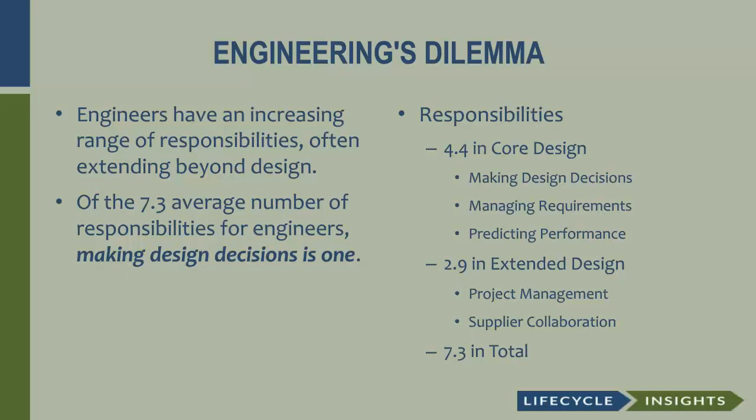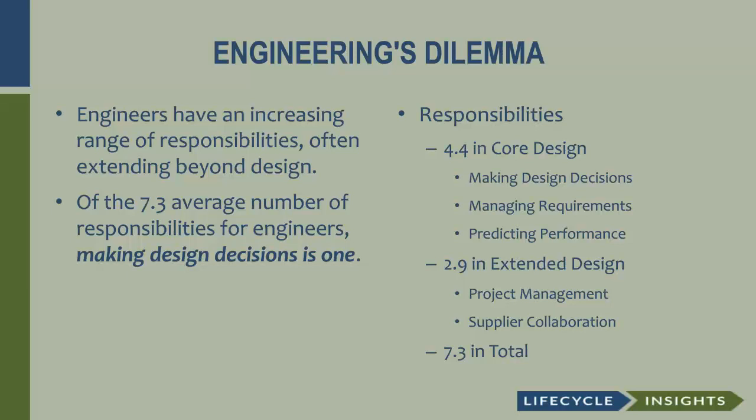Now, on top of that, they also had 2.9 on average responsibilities in extended design. So this is going out and meeting with customers, understanding their needs. It's going out and working with suppliers, maybe on their campus, and seeing what they can offer, what value they can add. This also gets into project management.